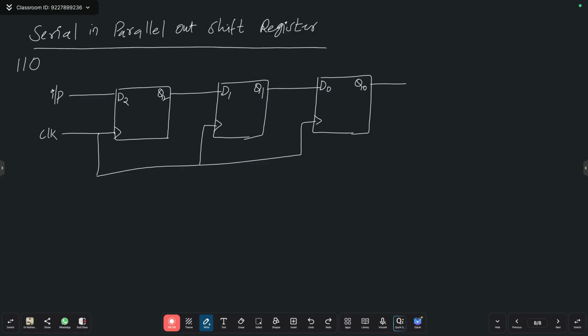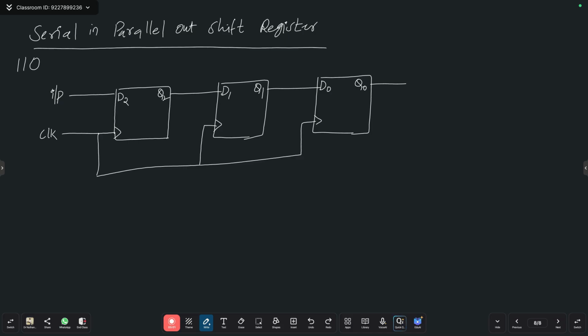People will tell SIPO, or SP, serial in, parallel out. Okay, you can use any word, not a problem. So how many bits I want to transfer? Only 3 bits. That is why 3 flip-flops I have taken, D flip-flops for my transfer.